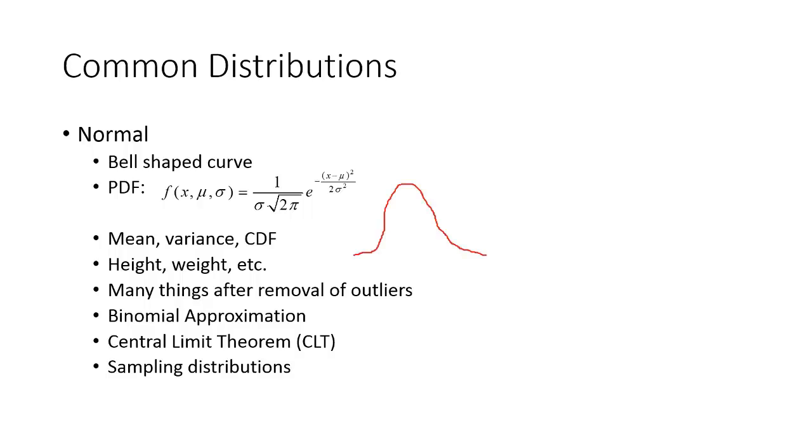I mean, if this is any attempt at a bell-shaped curve, we're basically saying that things that are on the extremes, like here and here, are less likely, and things in the center, like here, are more likely. That's why they have a greater height, right?